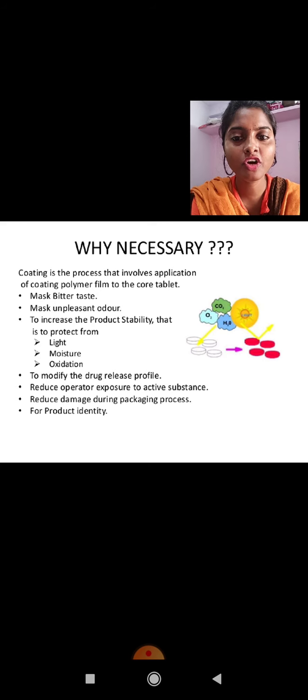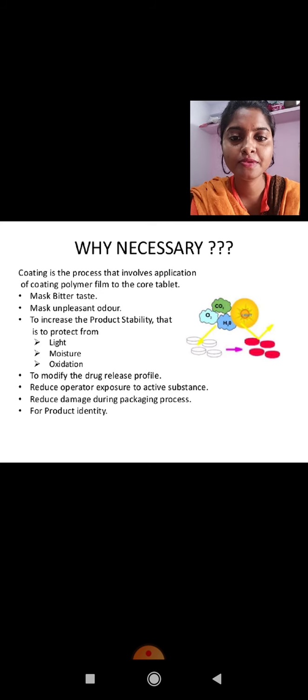For example, when sustaining the drug release, we add polymers so that time is taken to dissolve the coating material, after which the drug core releases. In this way we extend the drug release, or instant drug release also takes place.